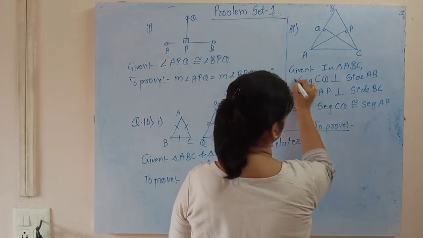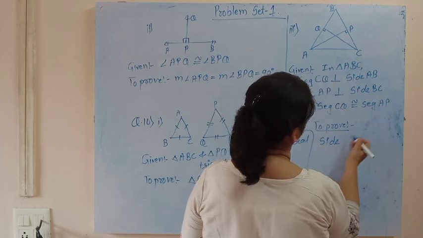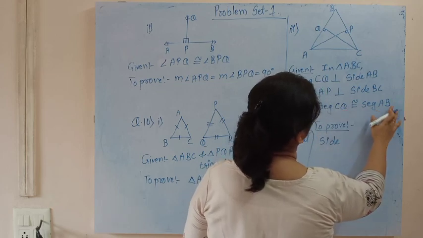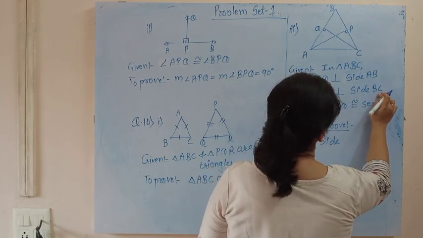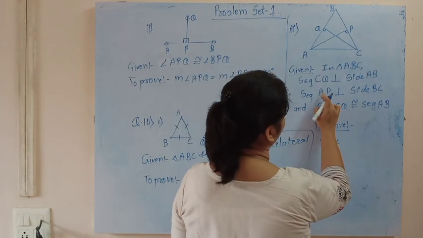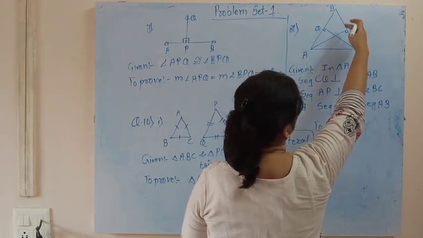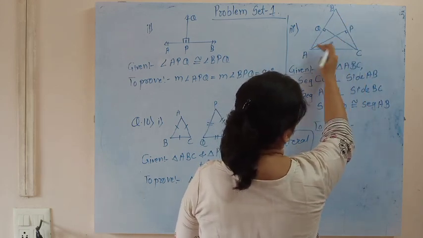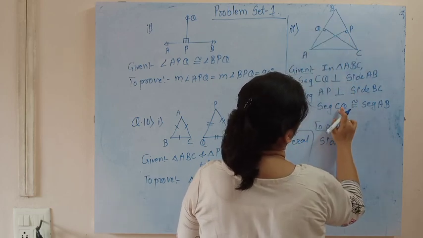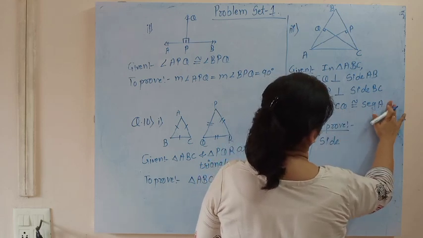Now we have to prove. What to prove? See, again I repeat, CQ perpendicular to AB, AP perpendicular to BC, CQ congruent to AP.